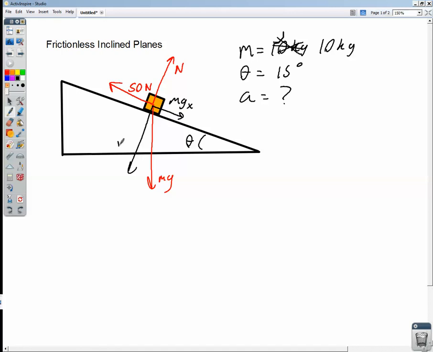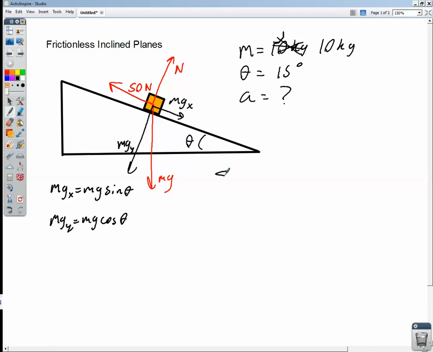All right, so we've got mgy, the y component, going down here. Finding the components of the weight is the same as last time. mgx is going to be mg sine theta, and mgy is going to be mg cos theta.